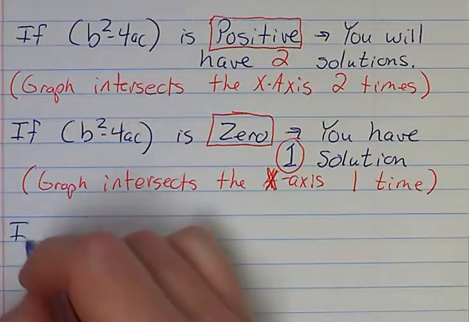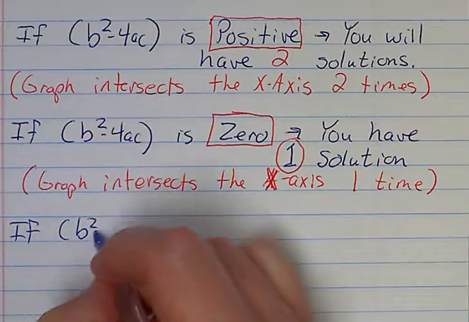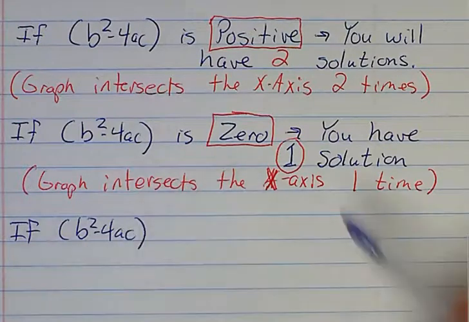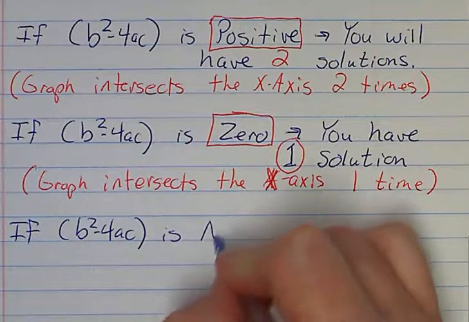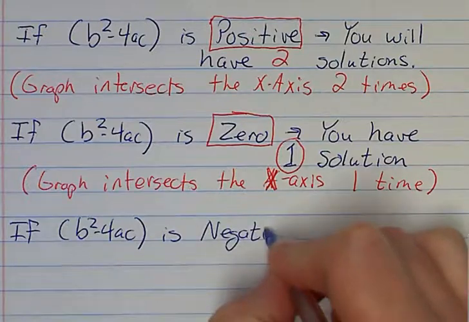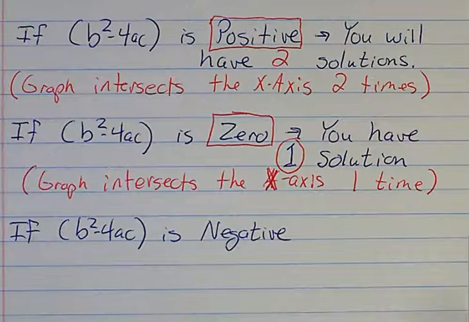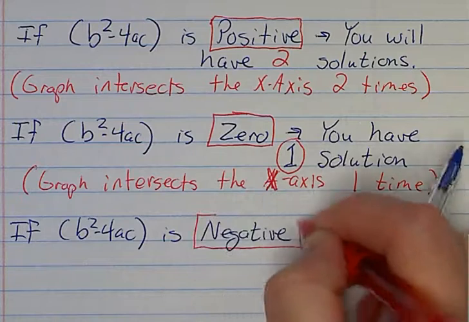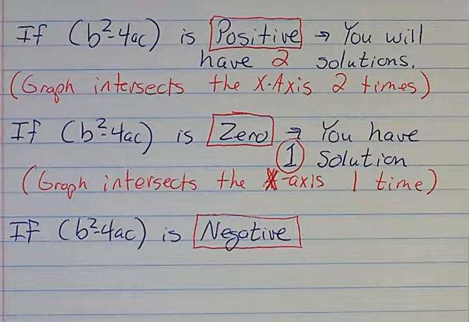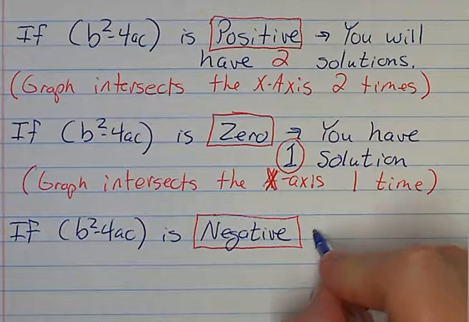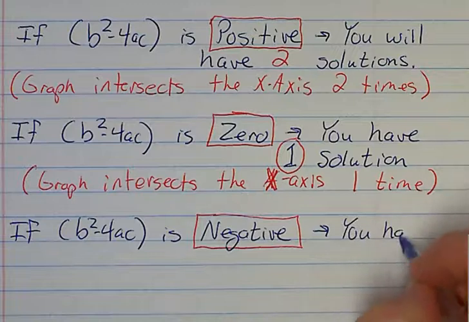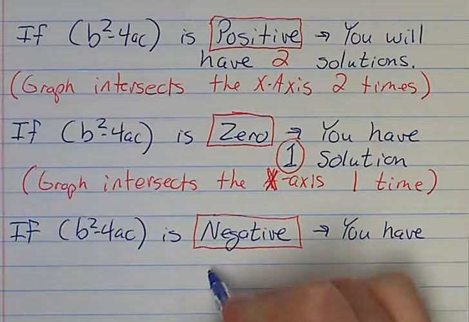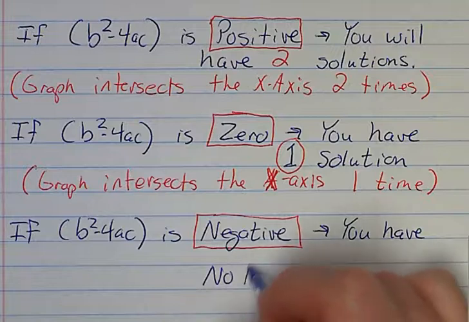Okay, and then we got one other option here. Because you either get positive numbers, you get 0, or you're going to get negative. There you go. So if b squared minus 4ac is negative, you have no real solutions.